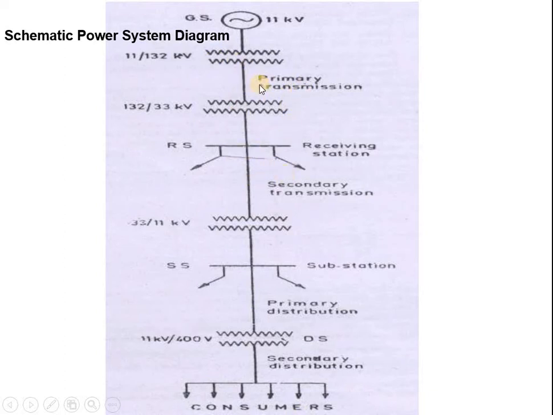So it is nothing but primary transmission, secondary transmission, primary distribution, secondary distribution. We have to use the step up, might be step down for some cases, and this use of step up and step down for a region is called as a substation.